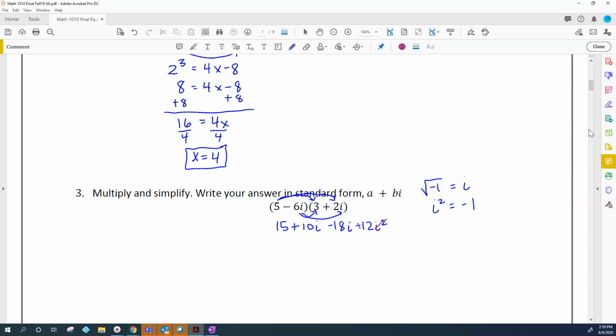So I have my 15 plus 12 is 27, and then I can combine my i's together, and that will give me negative 8i. And then I want to make sure I put it in that form, a plus bi, right? So the real number first, and then the imaginary number second, just like this.